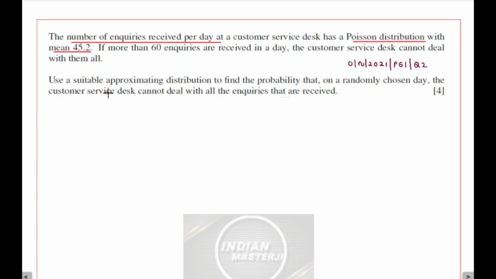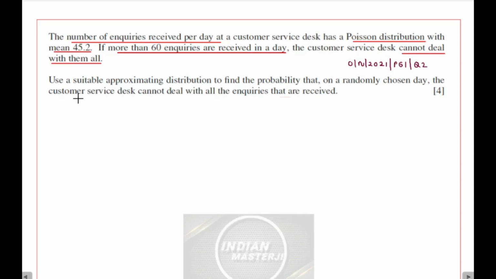If more than 60 enquiries are received in a day, the customer service desk cannot deal with them all. So that means if the number of enquiries is greater than 60, then the customer service desk cannot deal with all of them.